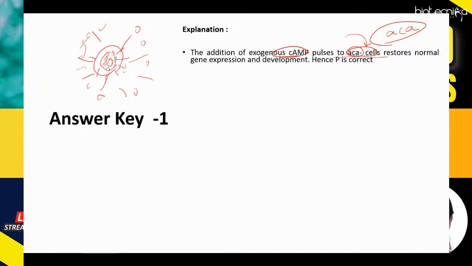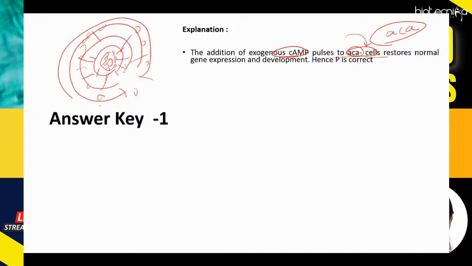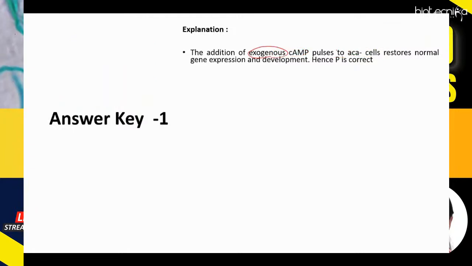Then once they also come closer, that way waves of cAMP go on, and to produce this exogenous cAMP outside the cell, ACA is necessary, right? So even if the cell is ACA minus, which means it cannot release the regular cAMP, if you add cAMP from an outside source, it will restore the normal gene expression and development, which means that P is correct.